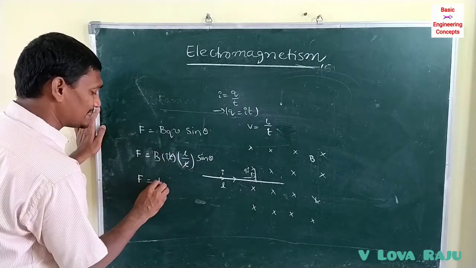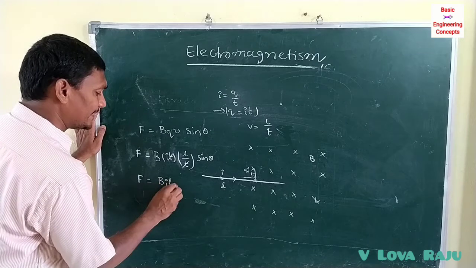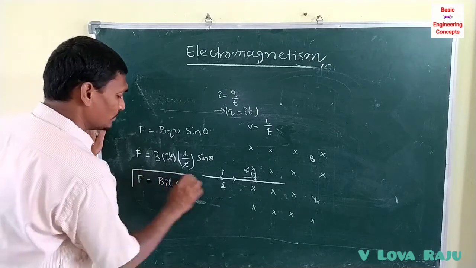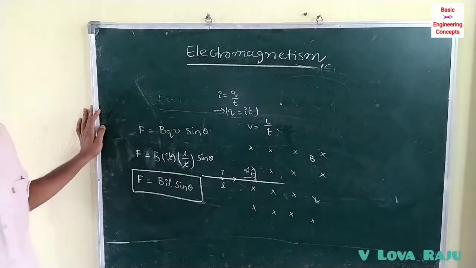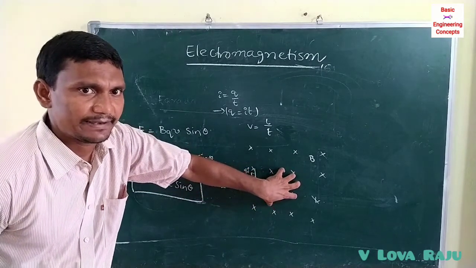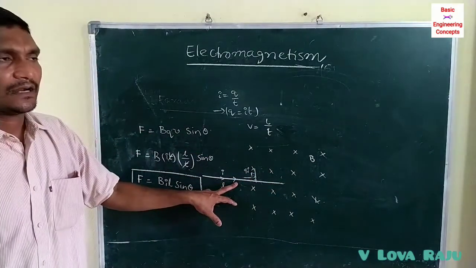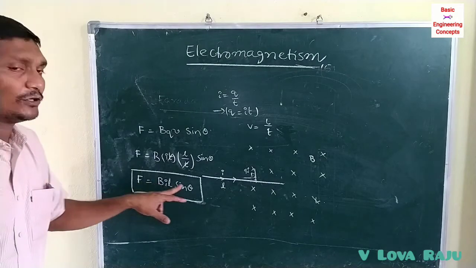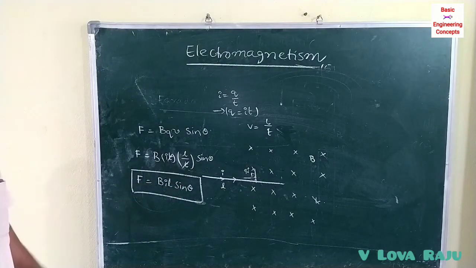The force experienced by the current carrying conductor in the magnetic field is F equals BIL sin theta.